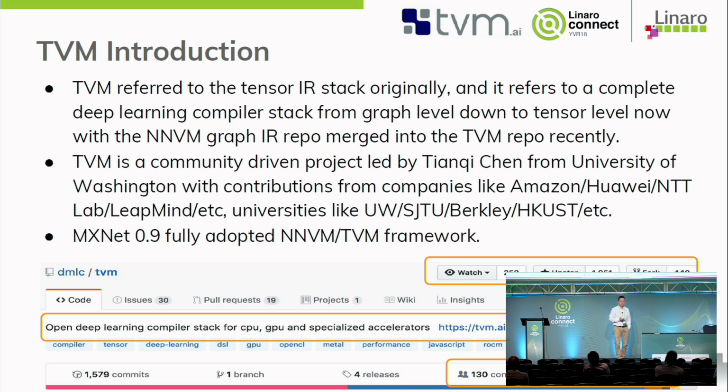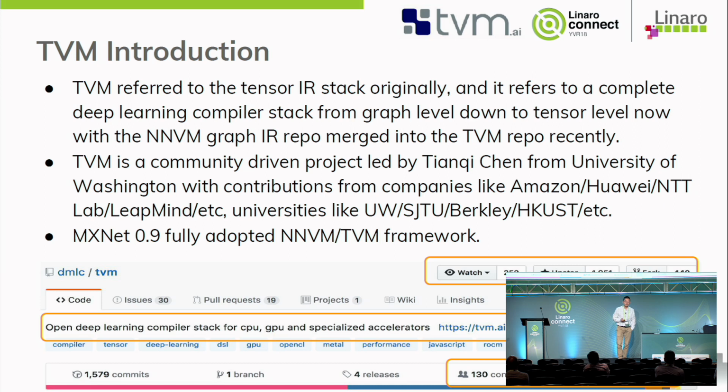Originally, TVM referred to the Tensor IR stack, and NNVM is a graph IR stack. But recently, the NNVM repository in GitHub has been merged into the TVM repository. So TVM now refers to a complete deep learning stack from the graph level down to the tensor level, I think.